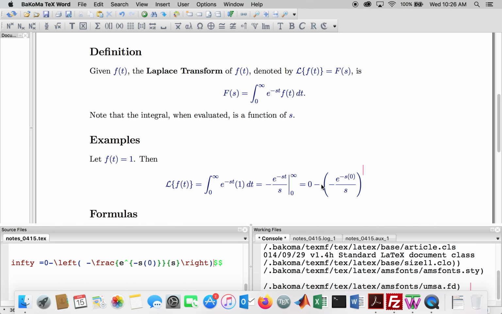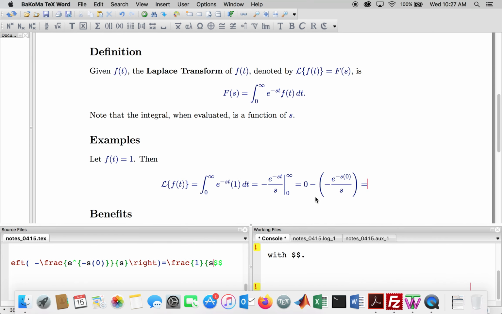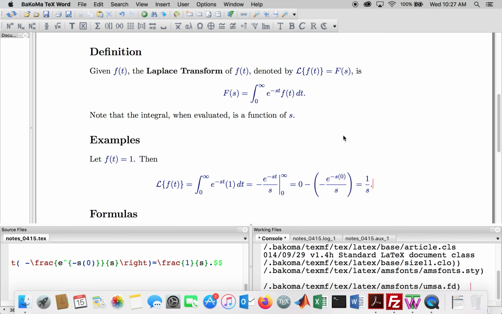So then the minus and minuses cancel out, that's giving us a plus. So our final result is 1 over s. So we're considering functions defined on the positive real axis, f of t for t positive, and we get a Laplace transform as a function of s, where s is also taken to be positive. So the Laplace transform of 1 is 1 over s.